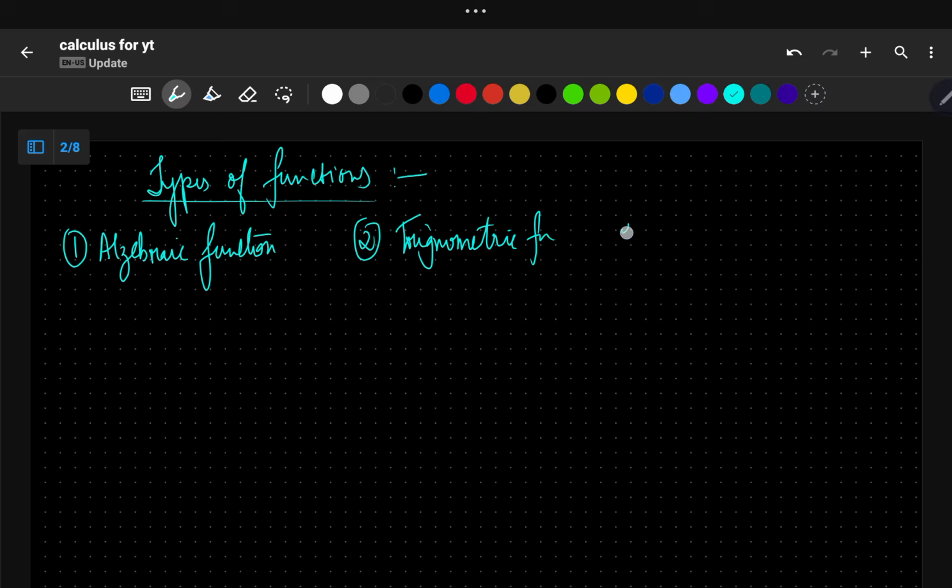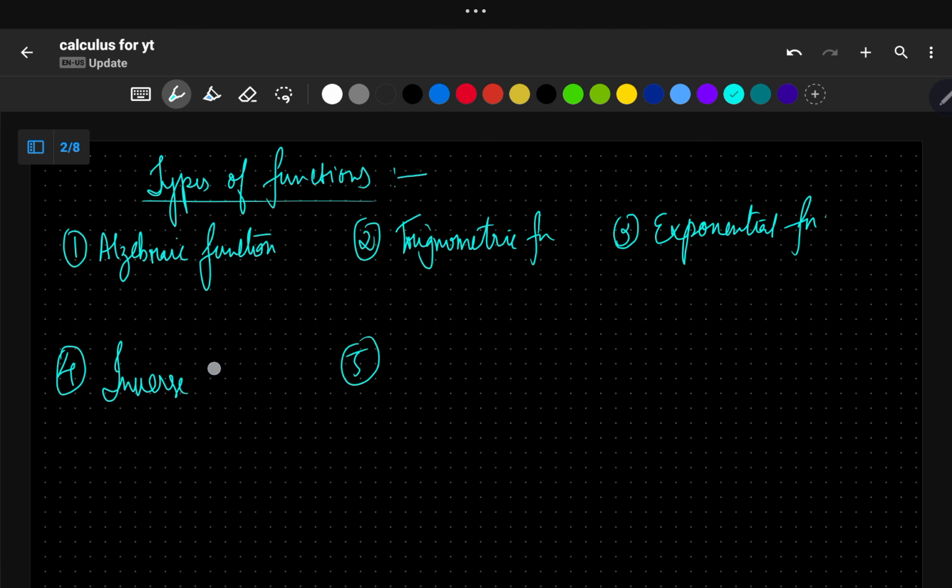Third is exponential function. Fourth is inverse function. Fifth is hyperbolic, right? And sixth is logarithmic.